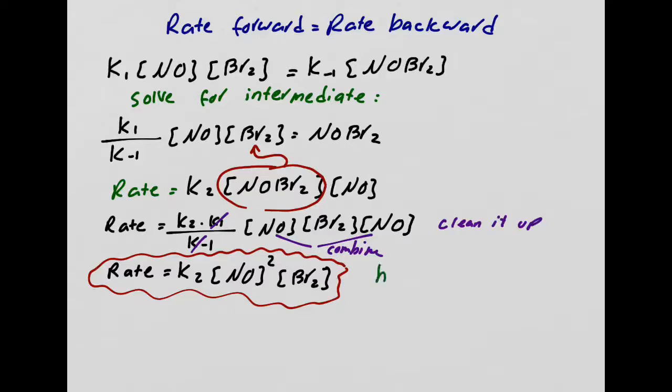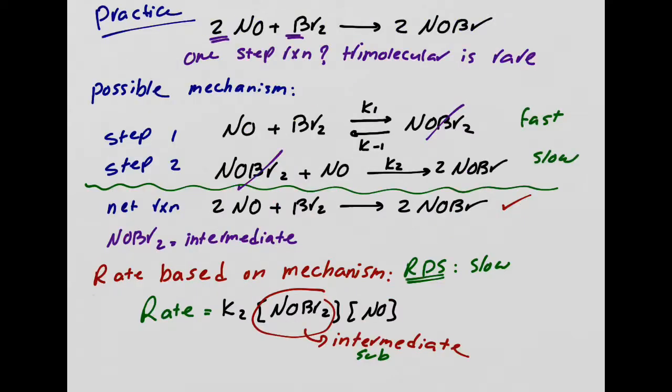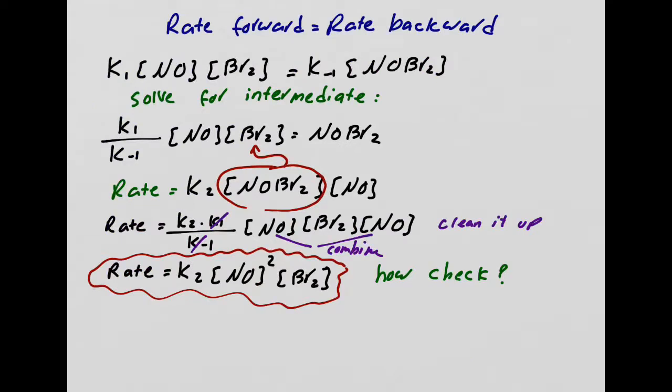Tell me, I know you know this: how would you check to make sure that this mechanism that we proposed is good? You're going to go to lab and do an experiment to figure out the experimental rate law for this.